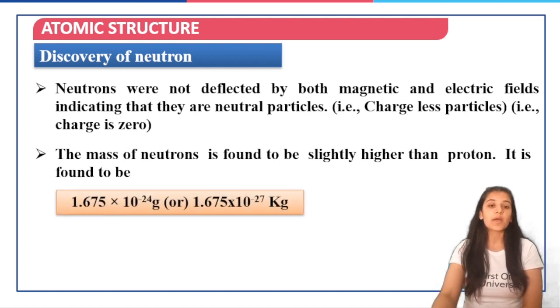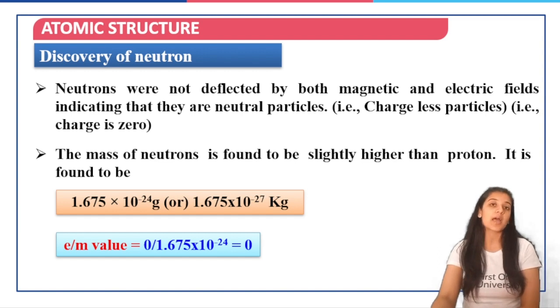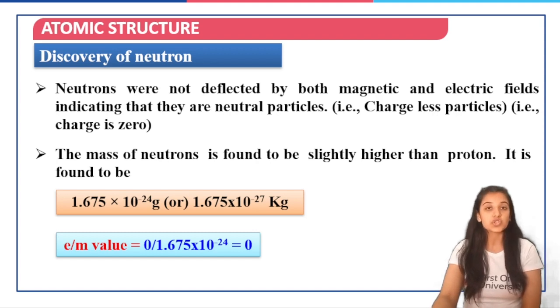It was found to be 1.675 × 10^-24 grams, or you can write it in terms of kg, that is 1.675 × 10^-27 kg, and the e/m value, because the charge is 0, therefore the charge by mass ratio is going to be 0. Do remember the names of the scientists who have discovered electron, neutron, and proton. Do remember the charge and mass values of each of these 3 subatomic particles, and very importantly, do remember the charge by mass ratio also.